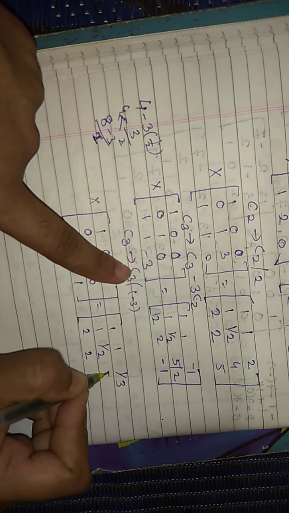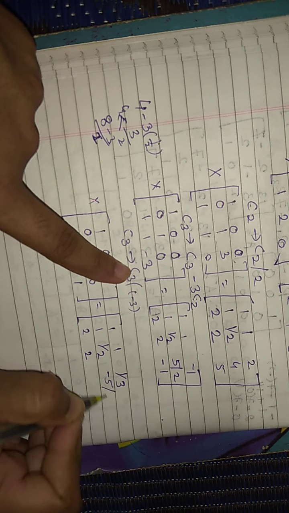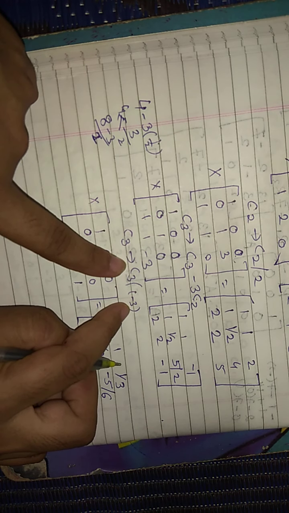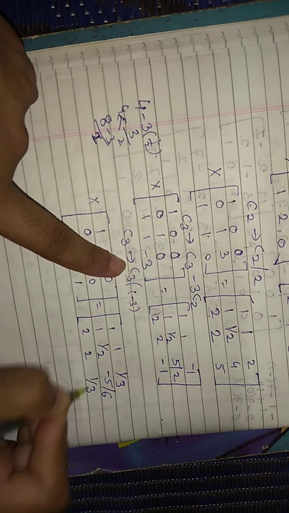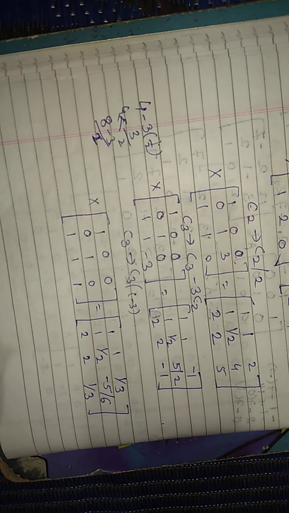So it remains minus 5 upon 3, 2 threes are 6. Minus 1 upon minus 3, minus minus get cancelled, 1 upon 3.